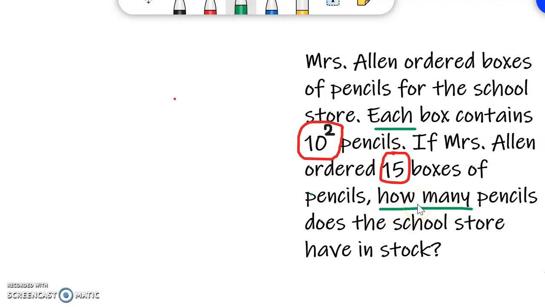So the words each and how many put together in this word problem let me know that I'm going to be multiplying because I need to know how many total pencils there are. So I'm going to set up my equation. 15 times 10 to the second power.